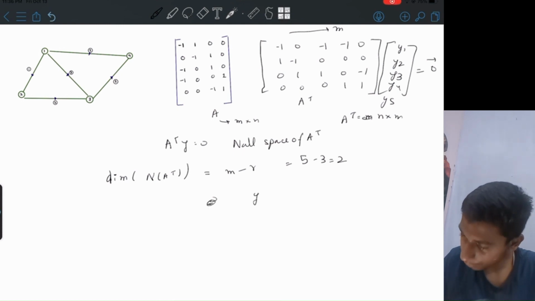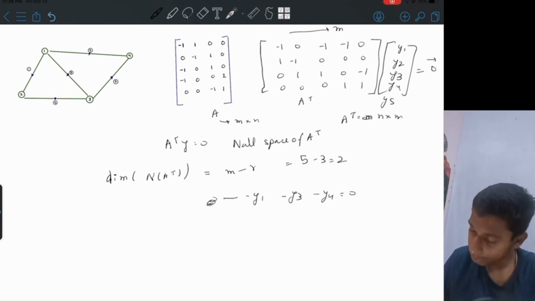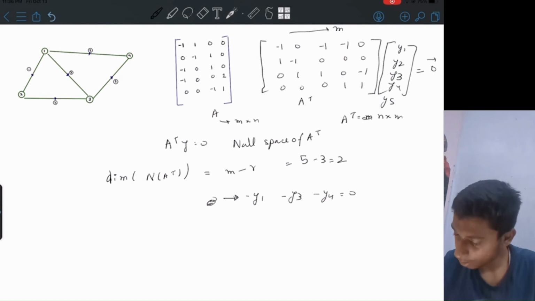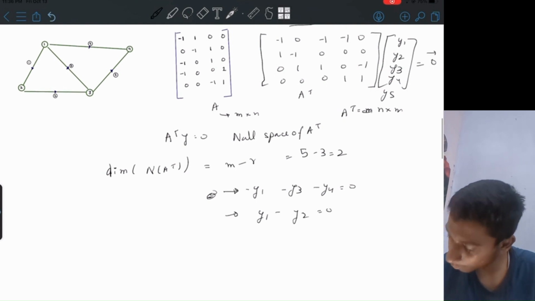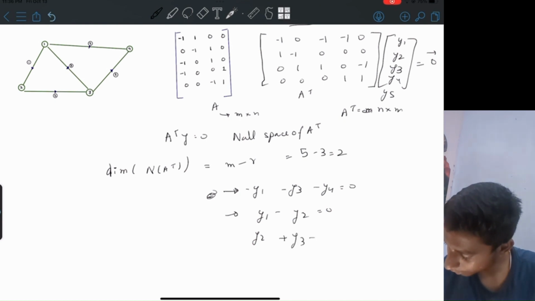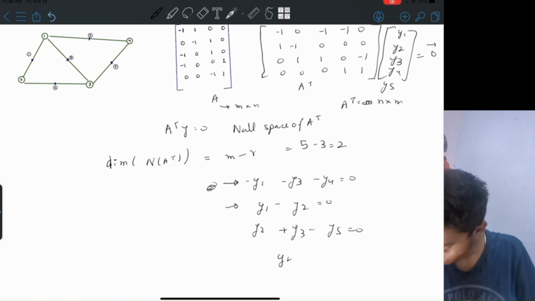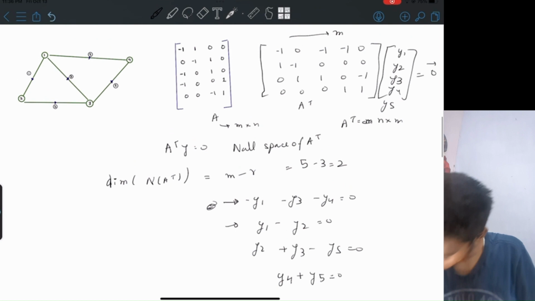So the first row represents minus y1 minus y3 minus y4 equals 0, and it is very easy to see where this equation comes from. Let me show the second equation as well, and then all 4 equations and we'll see it together: y1 minus y2 equals 0, y2 plus y3 minus y5 equals 0, y4 plus y5 equals 0.